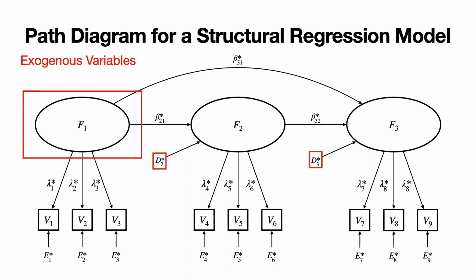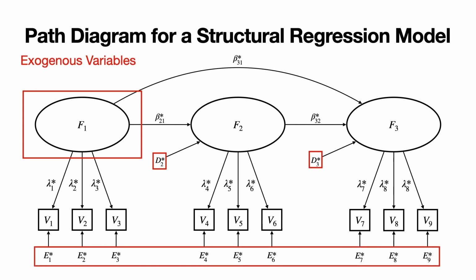Similarly, D2 and D3, these are error terms, and so they are never response variables, so they are exogenous variables. And finally, E1 through E9, the error terms associated with V1 through V9. These are never response variables in any of the equations in the system, and so they are exogenous variables as well.